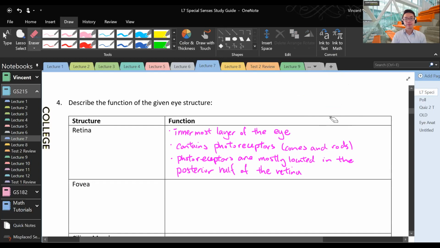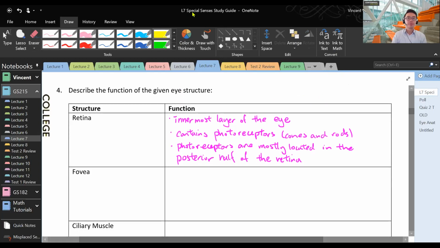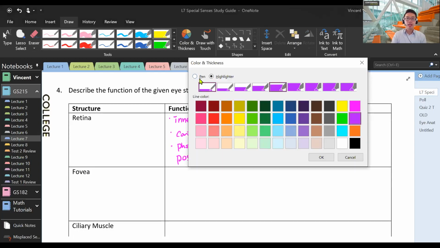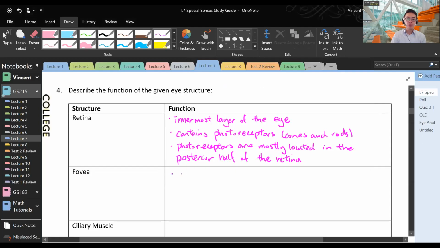All right, that is that. Next, we have the fovea. The fovea. What is the fovea? The fovea is a location on the retina that has the highest density of cone cells.